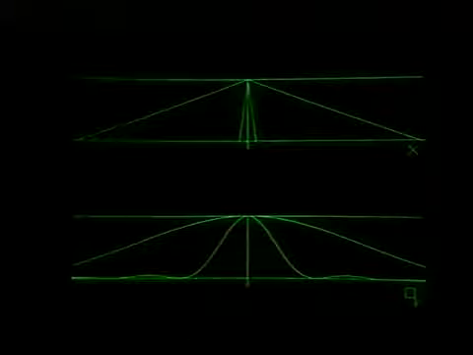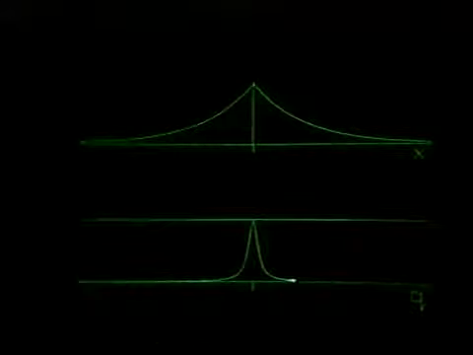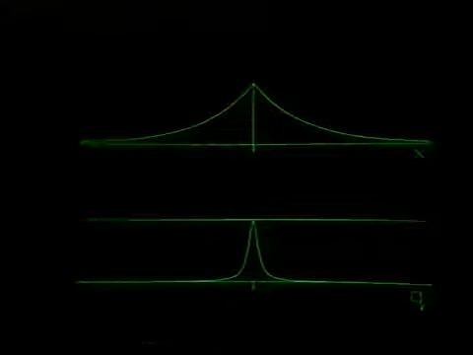One final profile. Let's start with a spike again, and now expand out as an exponential. The exponential decays either side of the origin. And its Fourier transform is a Lorentzian.